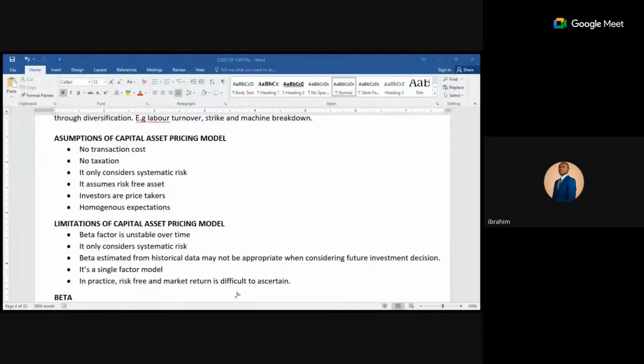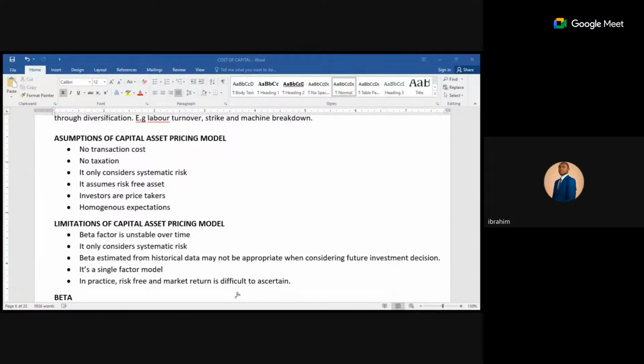What about unsystematic risk? That can be avoided. Anything can happen at any time, and a company may not produce. And if they are not producing, how do they make profit? How do you get your return? So it only considers systematic risk.